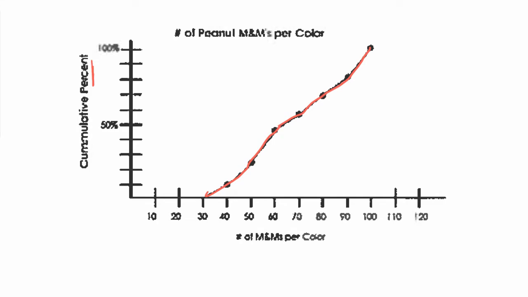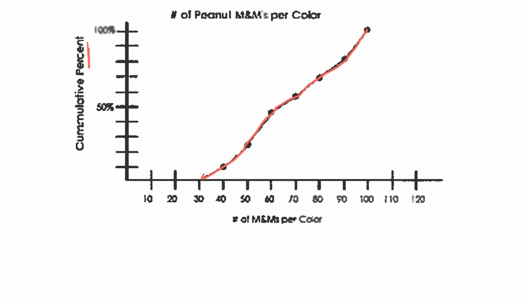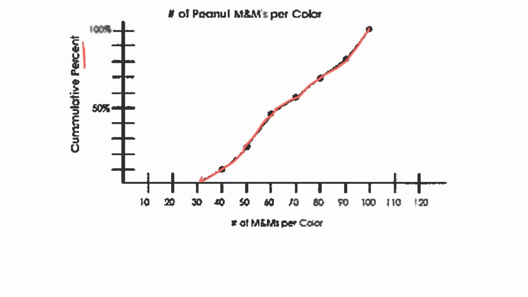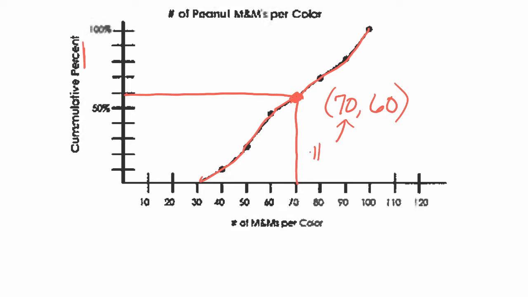Very good. So now that you understand the basics of this, I want to first ask you, what if you could figure out what this point right here means? This point, which is 70, 60. Of course, the x-axis represents what? Number of M&Ms. Good. And the y-axis represents what? Percent.